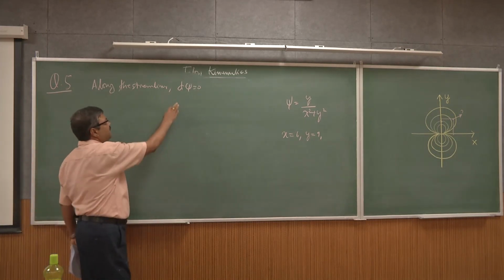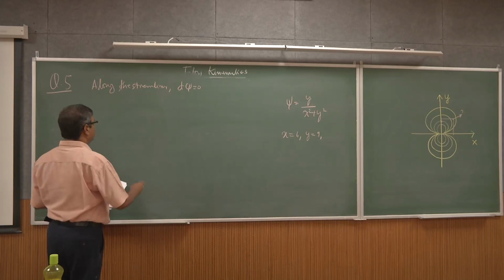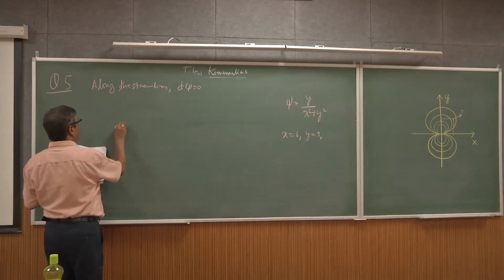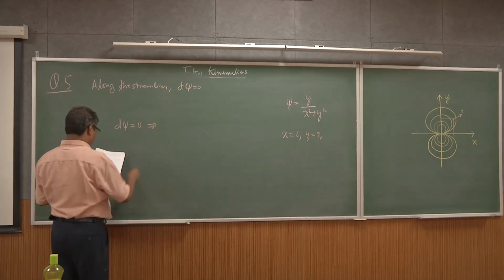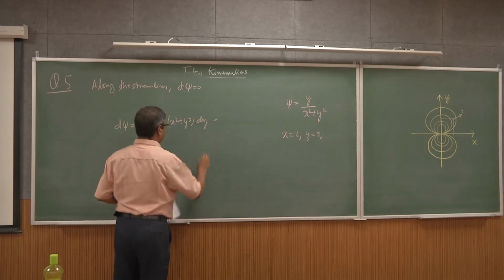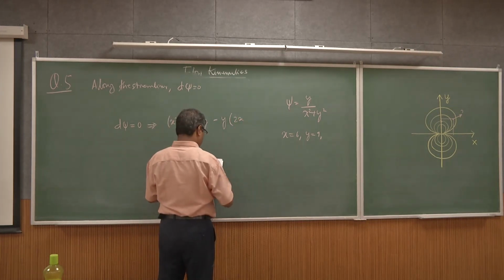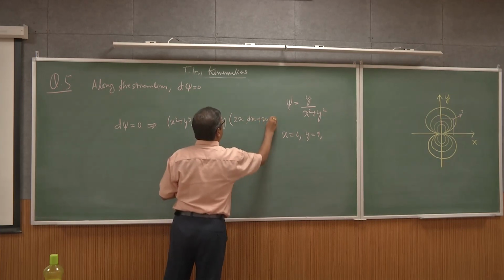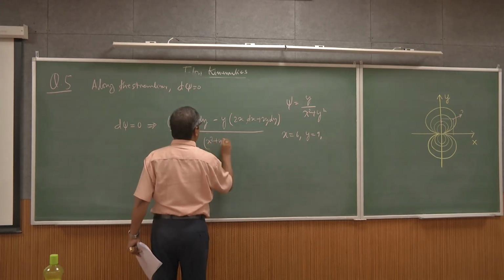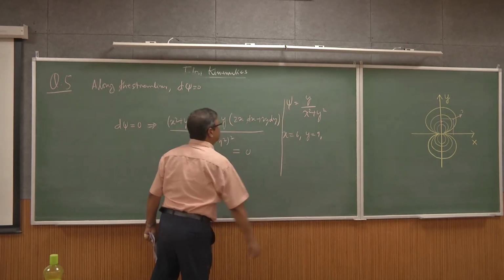If I substitute d phi equal to 0, I get 2x dx plus 2y dy, divided by the square root of x square plus y square, equal to 0.